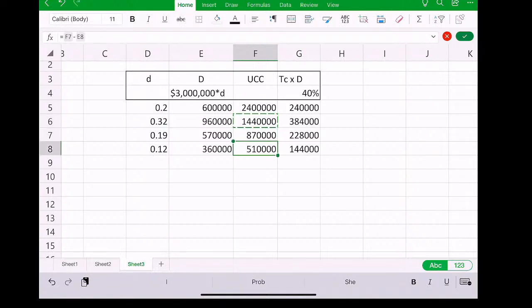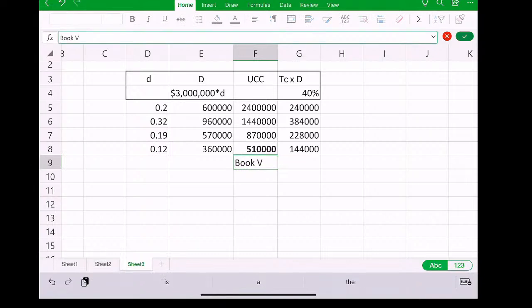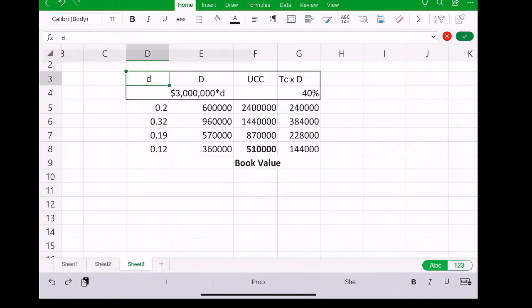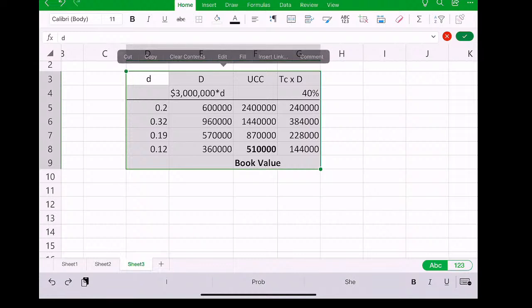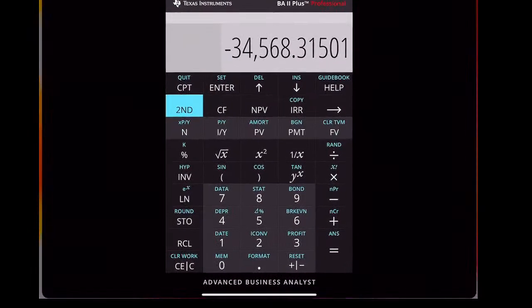So just note that the first one is from 3 million and the rest is from what remains. So the book value is 510,000. Questions?